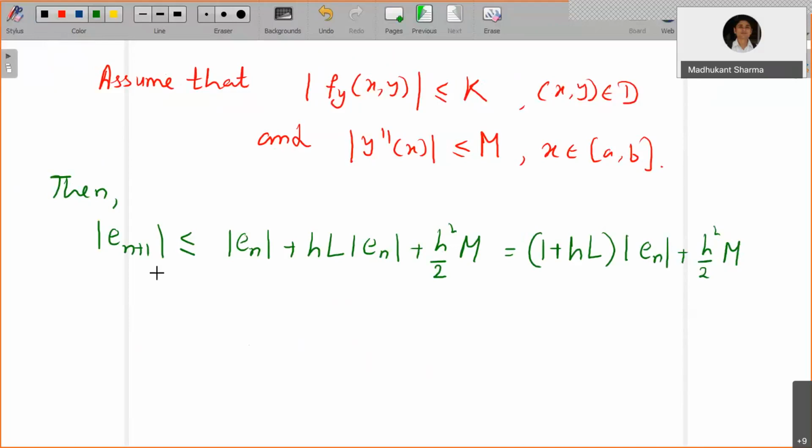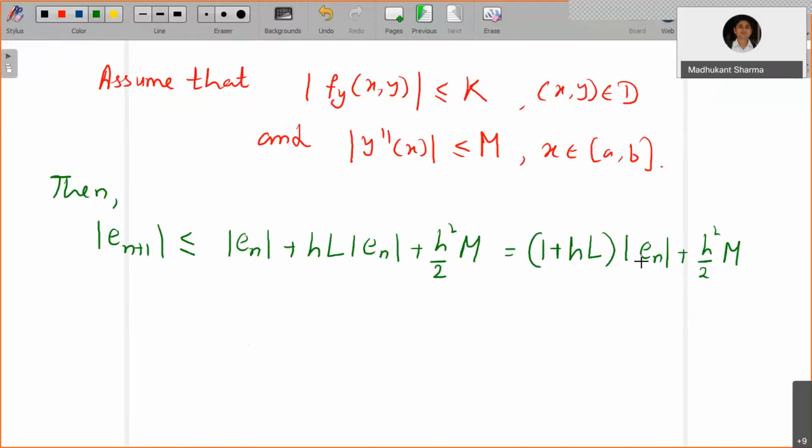If you use this relation continuously, replacing n by n minus 1 on both sides, the second term remains fixed.